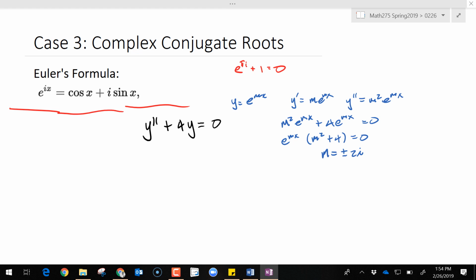Complex conjugates, by the way, are like something plus something i, the same something minus the same something i. Those are the two complex numbers that we get. So technically it's 0 plus 2i and 0 minus 2i. So those are the complex conjugate solutions that we come up with.